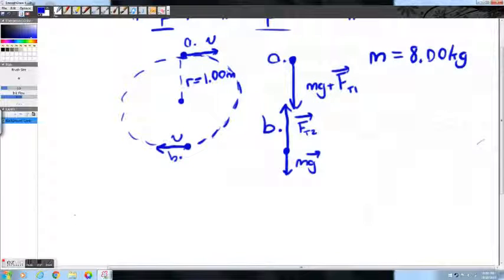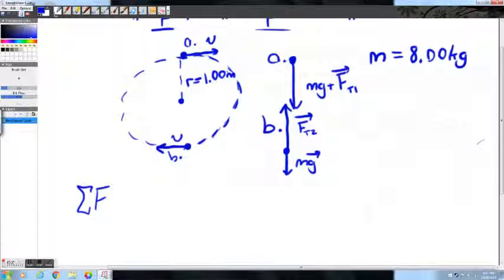Let's find the tension at the top and the tension at the bottom. How about we do it this way?